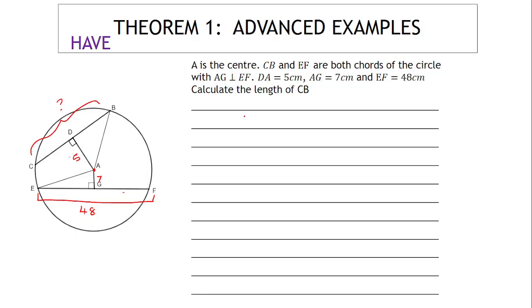Great, so I have my way forward. Let's start. EG is equal to GF, which is equal to 24. Line from center, perpendicular to chord.